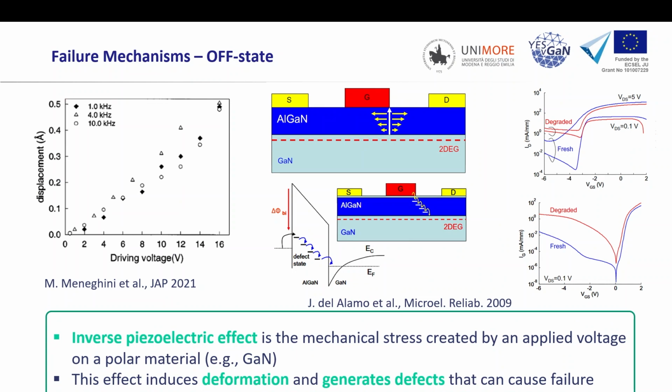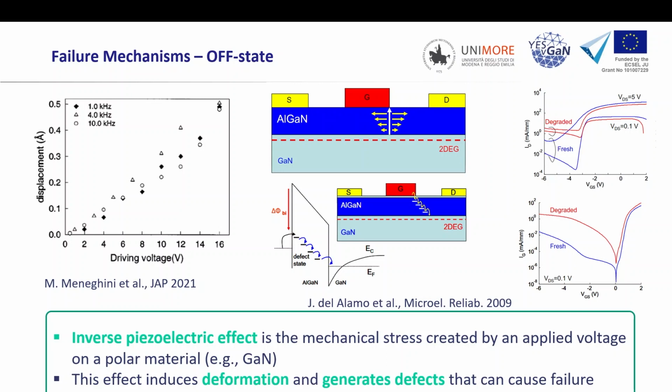Another important mechanism that was studied some years back is this inverse piezoelectric aspect. We mentioned that polarization charge will create the 2DEG because of the crystal structure. So basically, the way the atoms are arranged will give the polar charge. But because of the charge, you can also have a mechanical effect in reverse.